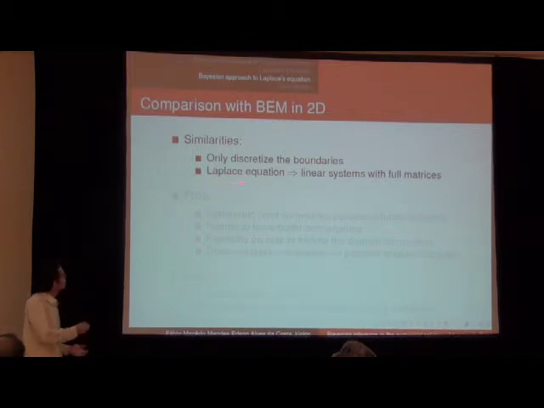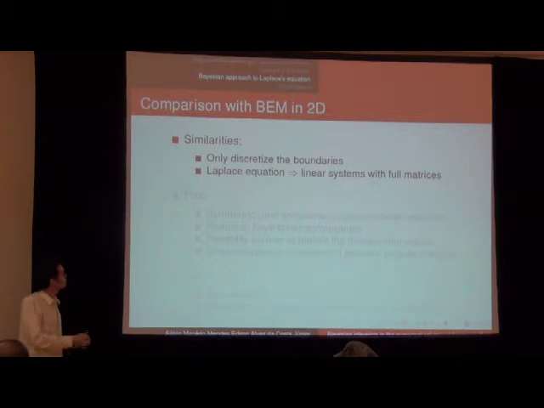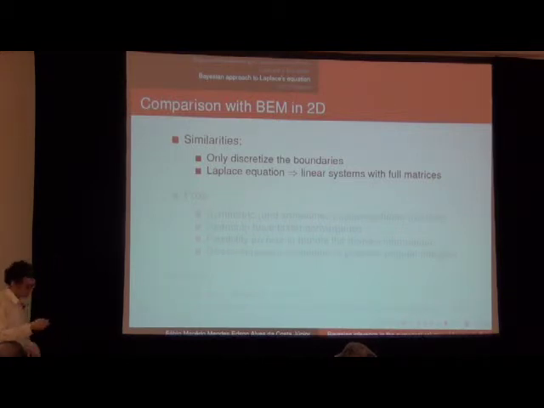And in both cases, we transform the original problem of solving Laplace's equation to a more tractable problem of solving a linear system. And this linear system is usually full, the matrices are non-sparse in both cases.